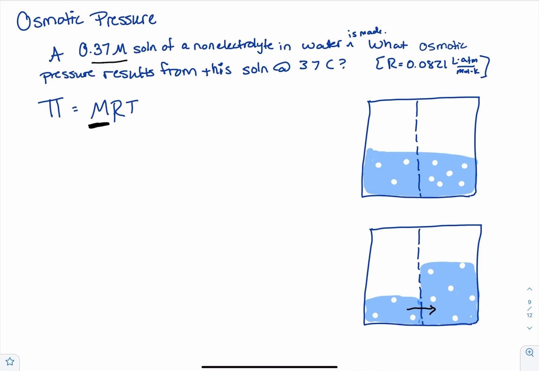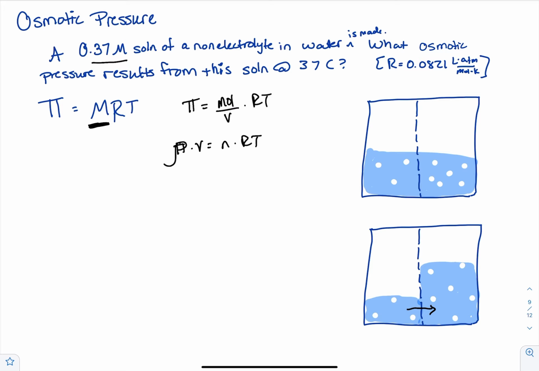Now, this pressure falls in the same section as gas pressure. So look, if we rewrite the big M as moles per volume, times RT, and then we move the V over to the other side, that should look fairly familiar to you: PV equals nRT.